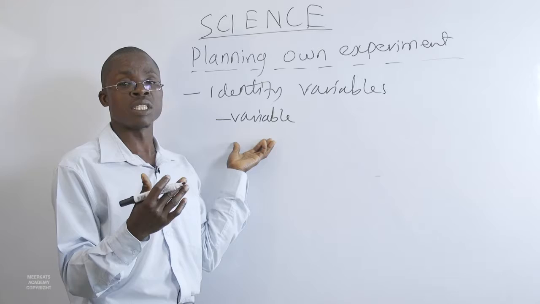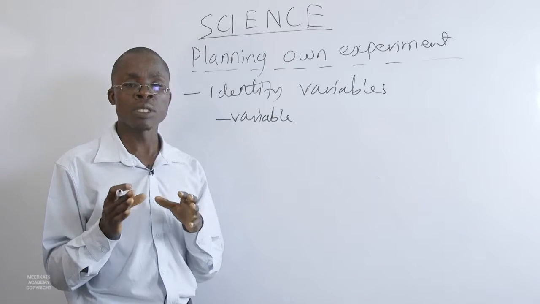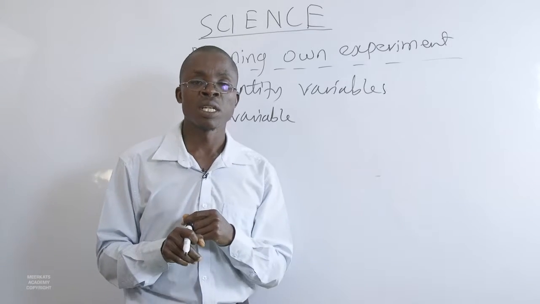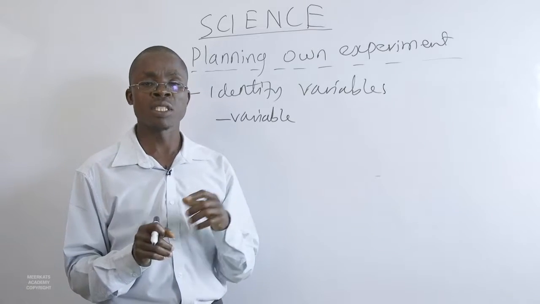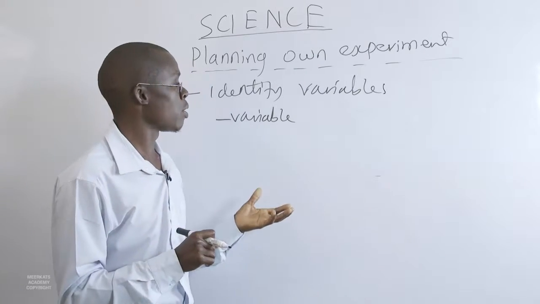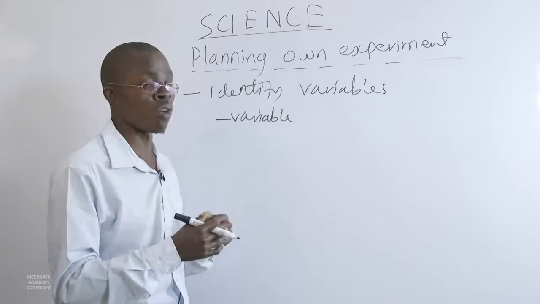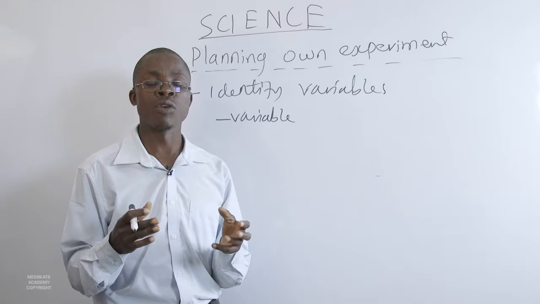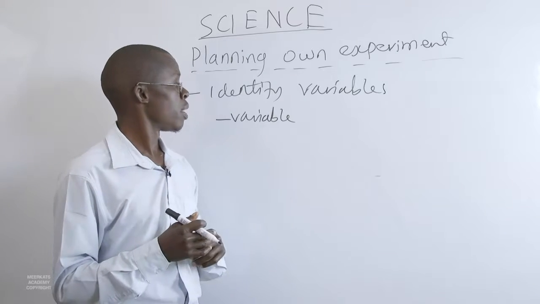If the other one does not change, then it cannot change. I will use the very experiment we used in the previous lesson before I bring in a new one. In the previous experiment, we were talking about the cooling of beverages. Let's look at this coffee that you want cold before you take it, to avoid an injury.